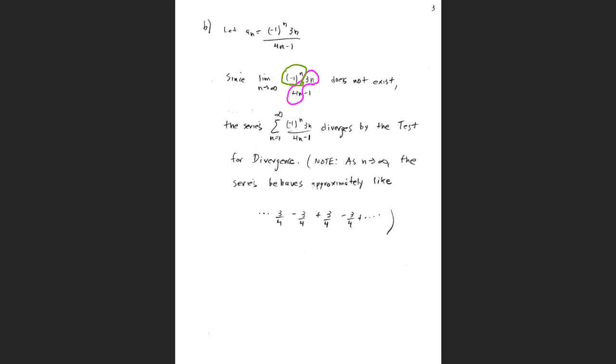So the terms of the series are going to oscillate back and forth between positive and negative. And so the limit of the terms of the series does not exist. So the series has to diverge. Effectively, as n goes to infinity, the terms of the series are behaving like 3/4, -3/4, +3/4, -3/4, +3/4, and so on. The series never converges.